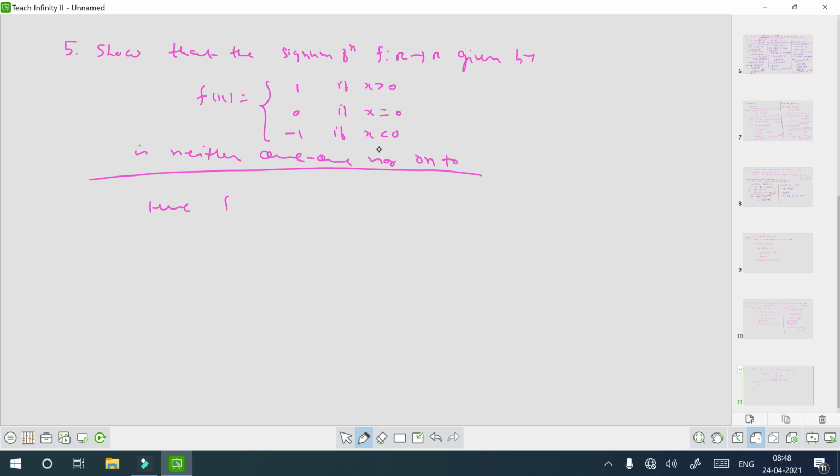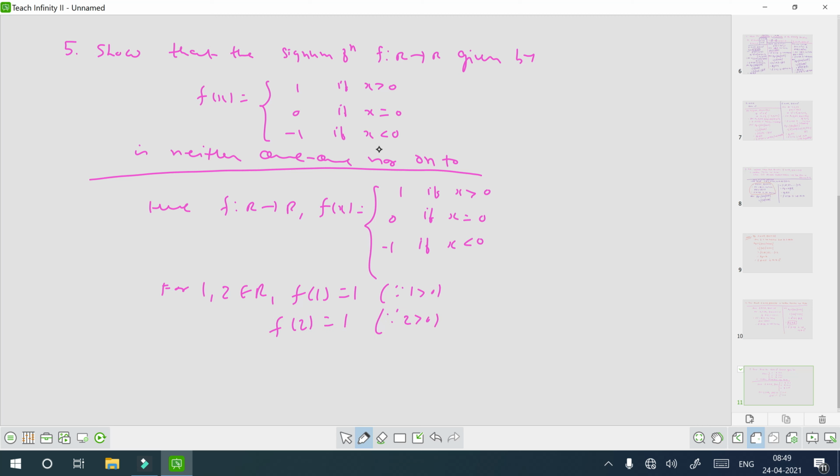Now see, here f from R to R is defined by, we have to take 1 only when x is positive, 0 only when x is equal to 0, minus 1 only when x is less than 0. For 1, 2 belonging to R, f of 1 is equal to 1 because 1 is greater than 0. f of 2 is also 1 because 2 is greater than 0.